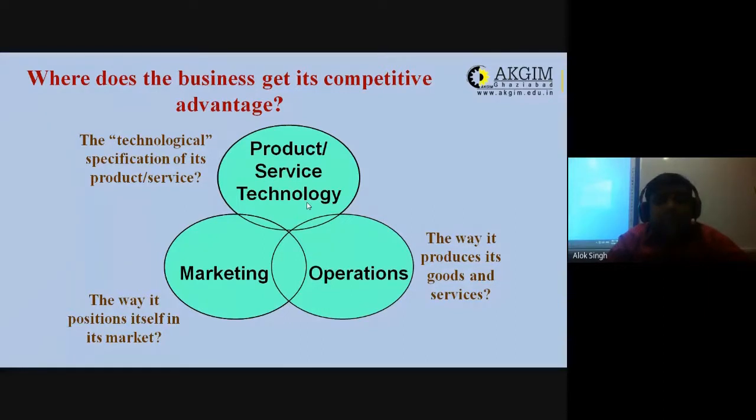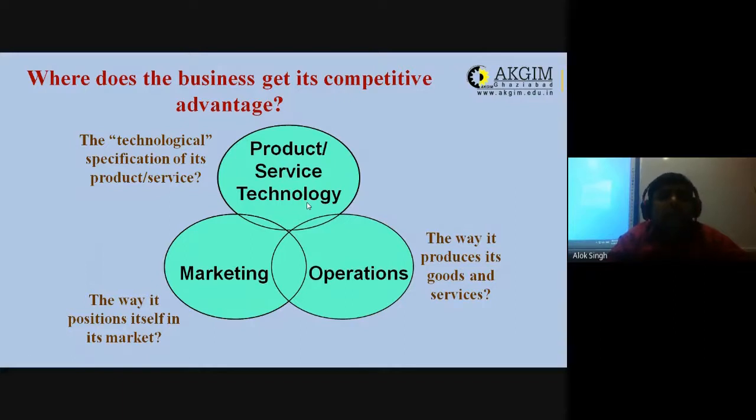It is not a unique concept for developed countries, but it is a unique concept for developing countries like us. So product or service technology is a much more important constraint while dealing with production related or operations related activity. You need to choose such technology that is available within the premise of your country.